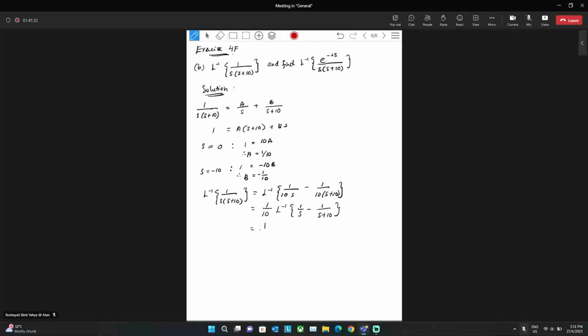For the first one, you will get 1 over S equal to 1, and then 1 over S plus 10 is first shift. So exponential, because first shift A equal to negative 10, so e to the minus 10t.